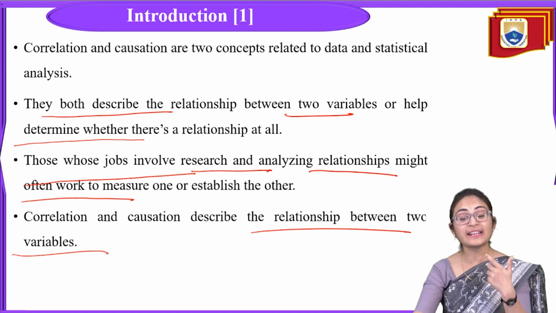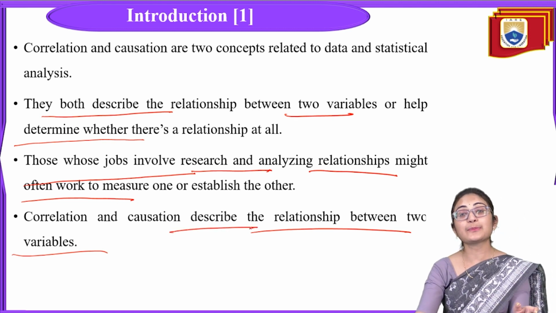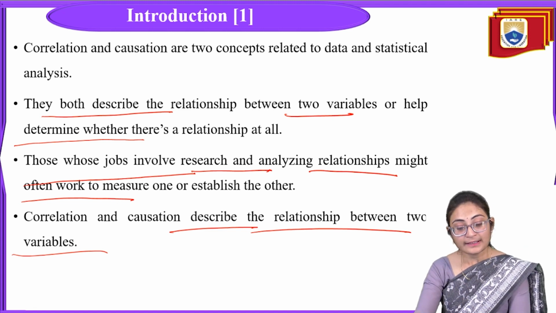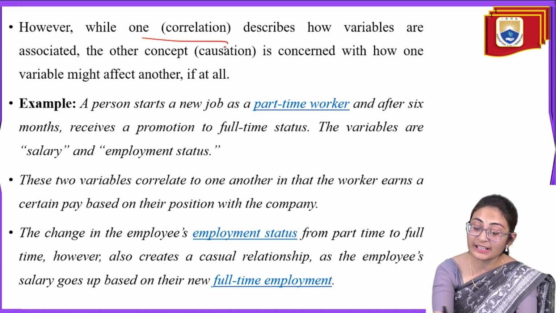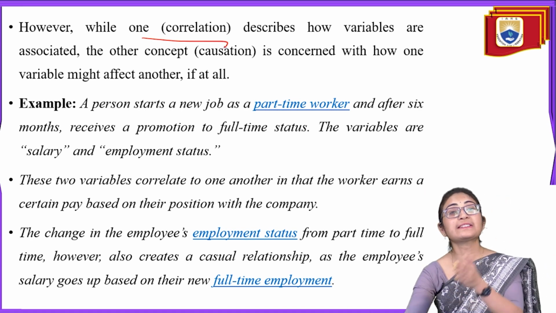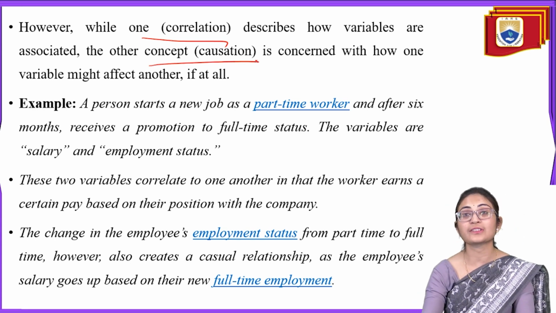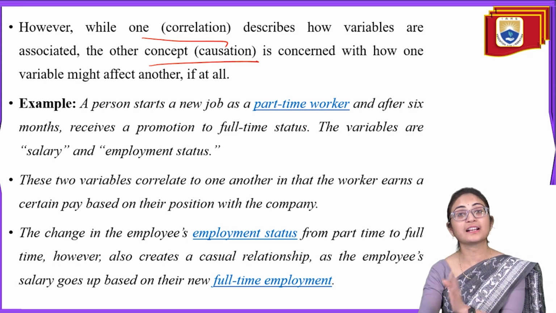This statement is very important: correlation and causation describe the relation between two variables. However, correlation describes how variables are associated, and causation is concerned with how one variable might affect another.